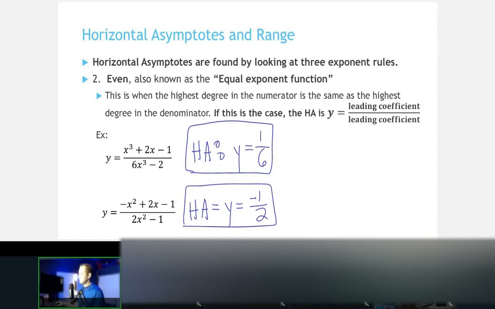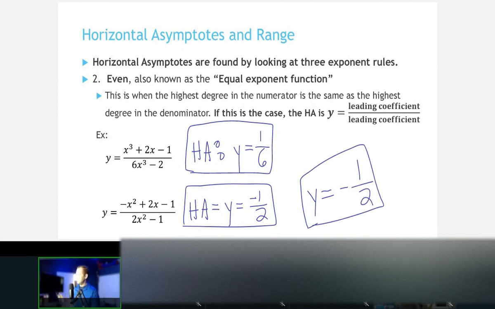Personally, I like having the negative in the numerator. Whenever I do a fraction, I always keep the negative in the numerator. I like the way it looks. But your modules, on your quizzes, on your exams, on your midterm, on your final, they want you to put the negative out in front of the fraction. So they want you to write it like that when you submit your answer, because it doesn't know the difference.